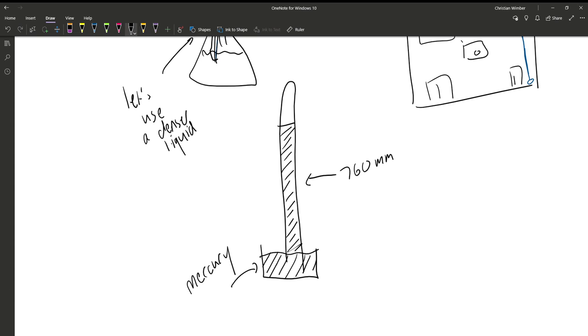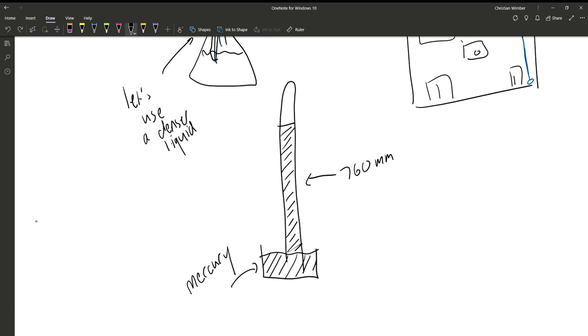Now, some days the air particles will be a little bit more numerous and hitting a little bit harder, and it'll go up a little bit. And some days the air particles will be a little bit less numerous, a little bit less dense, and the mercury level will go down a little bit. But in general, we call 760 millimeters of mercury pretty normal.